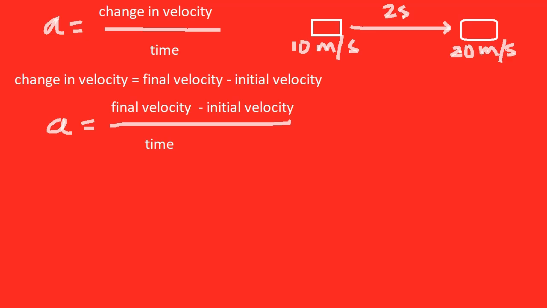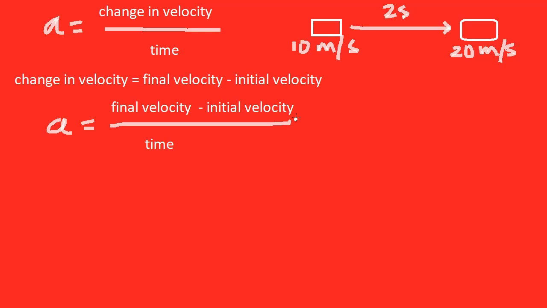So there has been a change in the velocity, and we can calculate the acceleration from this. We subtract the initial velocity from the final velocity, that is, 10 from 20, and we get 10 as the change in velocity, divided by the time, which is 2 seconds, and we get the acceleration.